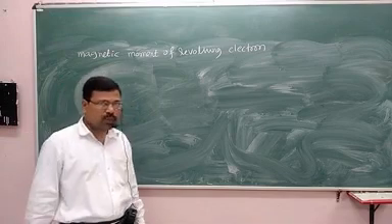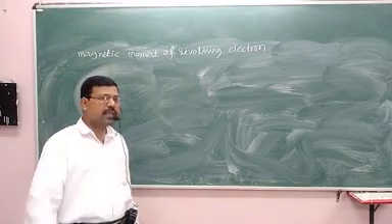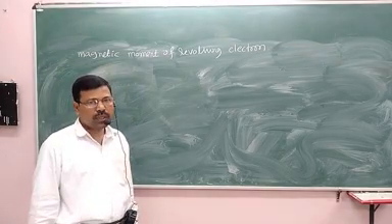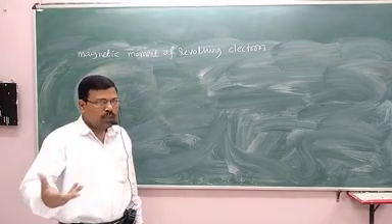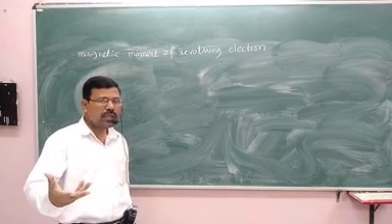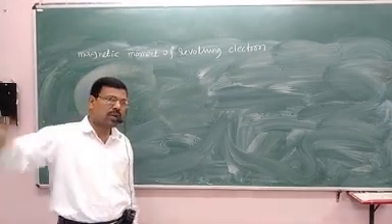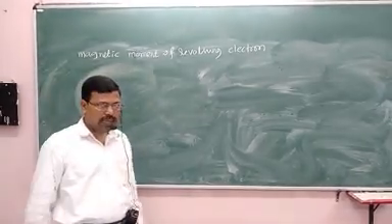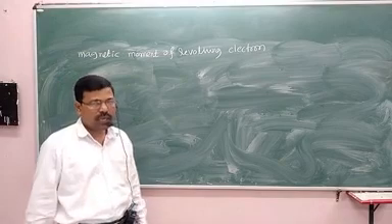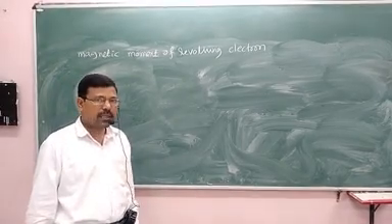And the charge of the nucleus is positive because it contains protons. And of course, the nucleus also contains neutrons, but neutrons have no charge. And the electrons are revolving around the nucleus, and those electrons carry negative charge.